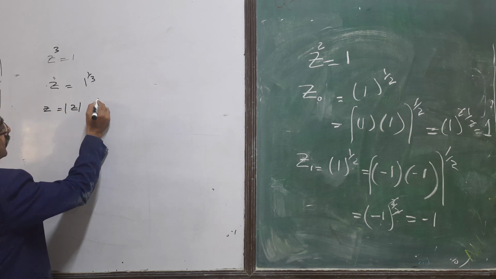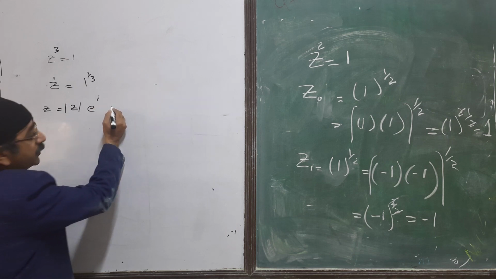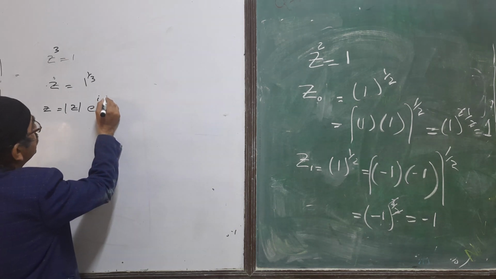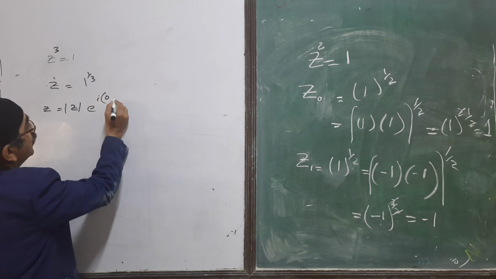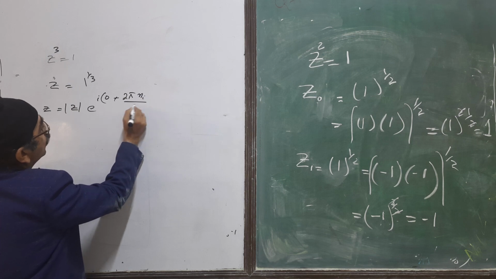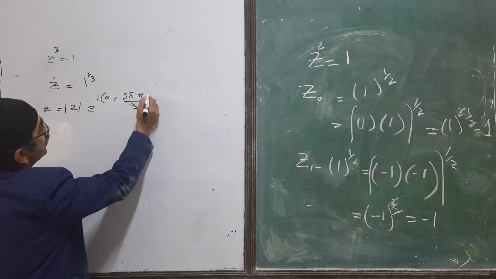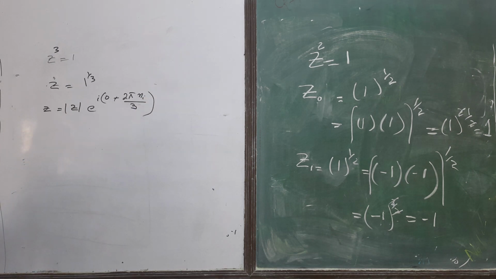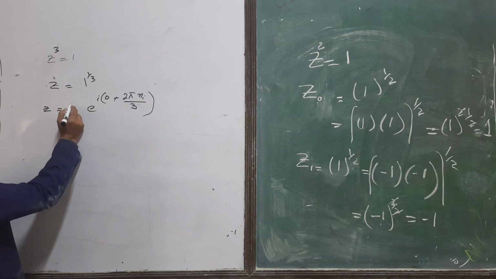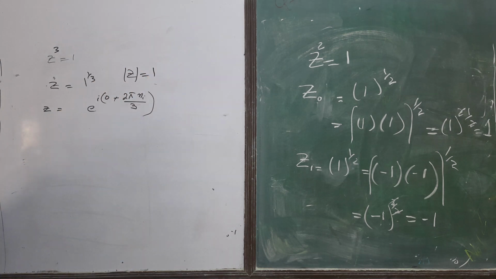Z0 exponential of iota 0 plus 2 pi ni over 3. Okay, z is 1.